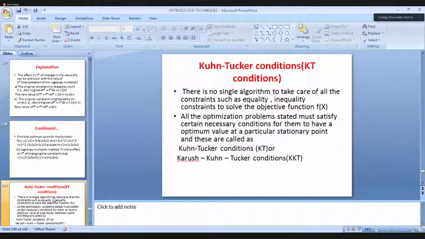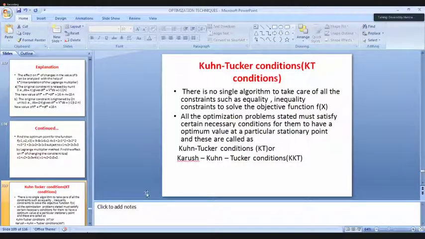These KT conditions are called necessary conditions or sufficient conditions? Necessary.